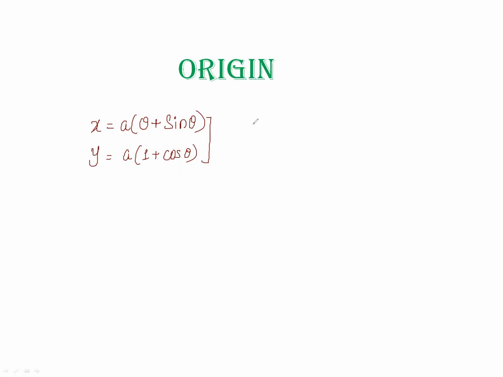What to do here? Look at this. Replacing theta by minus theta in both equations. Sometimes it is given in terms of t, t is equal to minus t. Look at this.